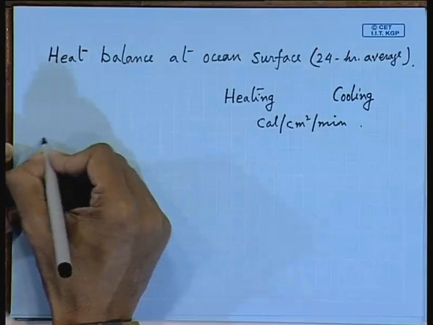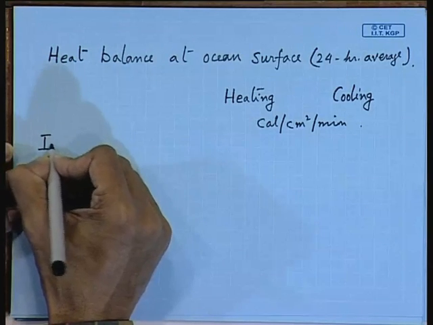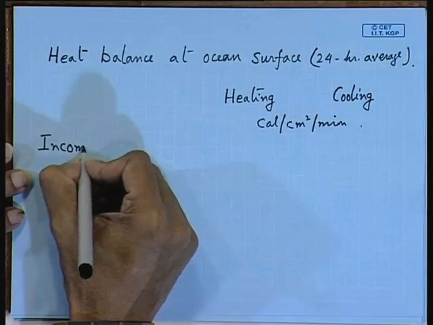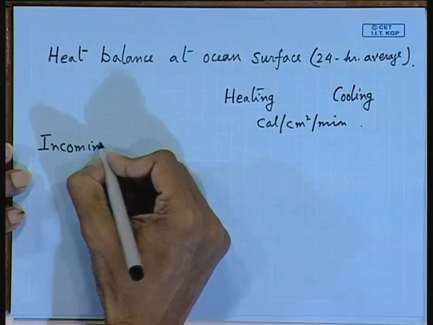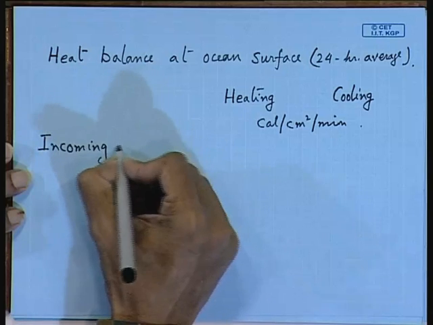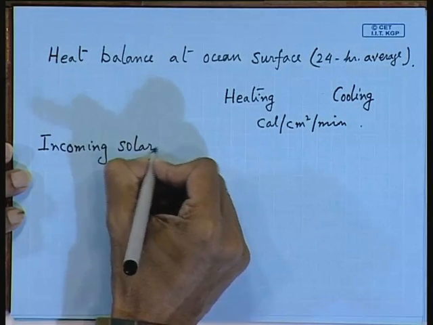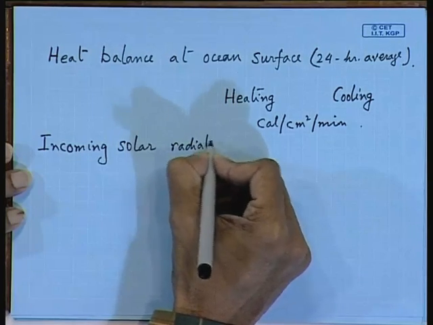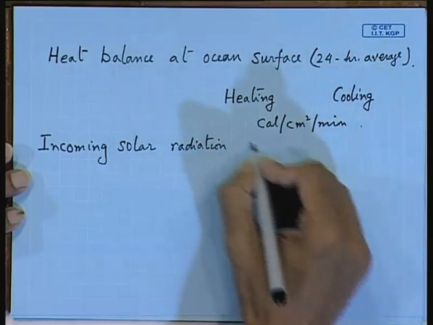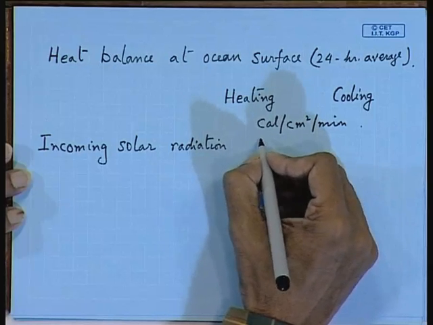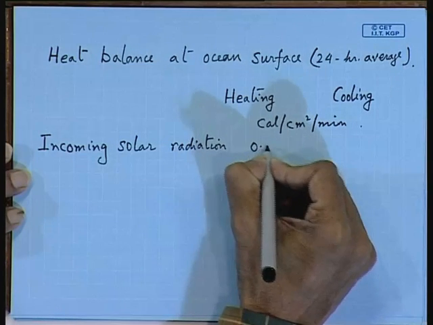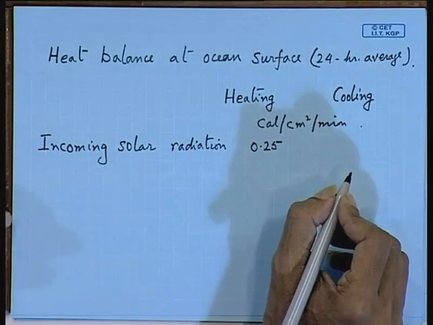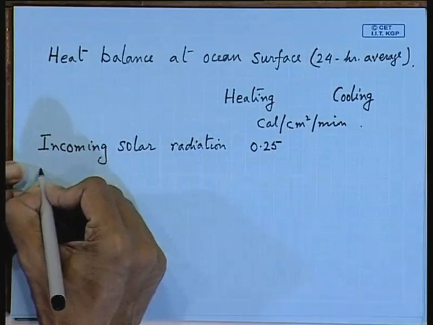The first one is incoming solar radiation. How much is coming to the ocean surface? I just now told you. From my previous lecture, it is only 0.25, isn't it? So, that is coming to the ocean surface. Now, how is it getting distributed?